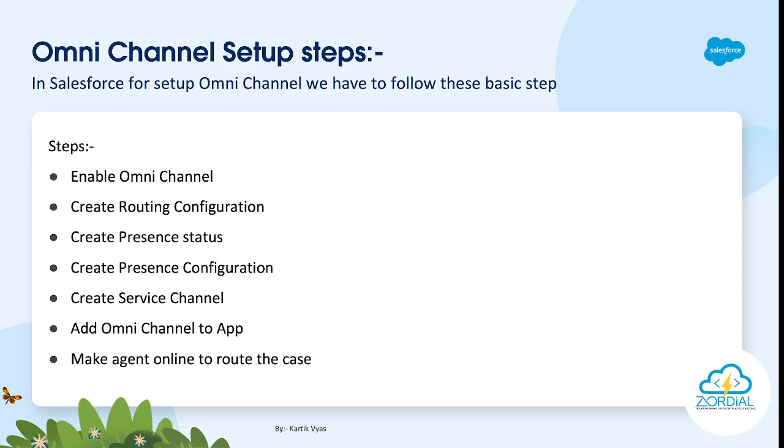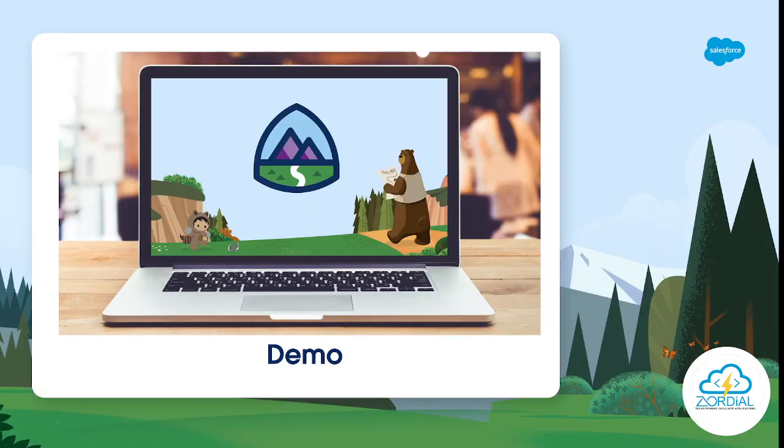For the setup, we first have to enable Omni-Channel. Then we create a routing configuration, presence statuses, a presence configuration, and a service channel. After that, we add Omni-Channel to the app and make the agent online to route the case. So let's jump into action.